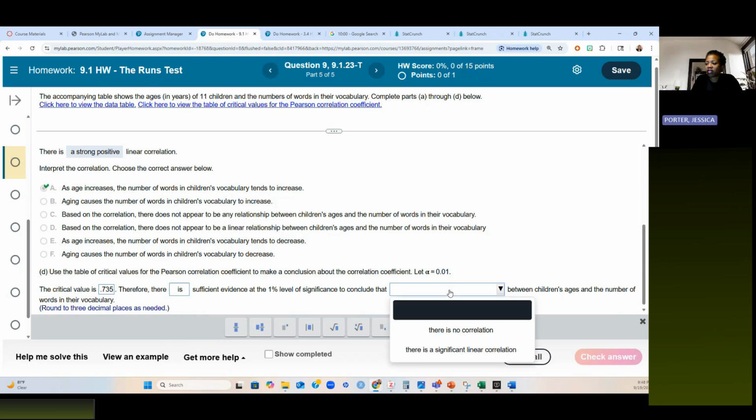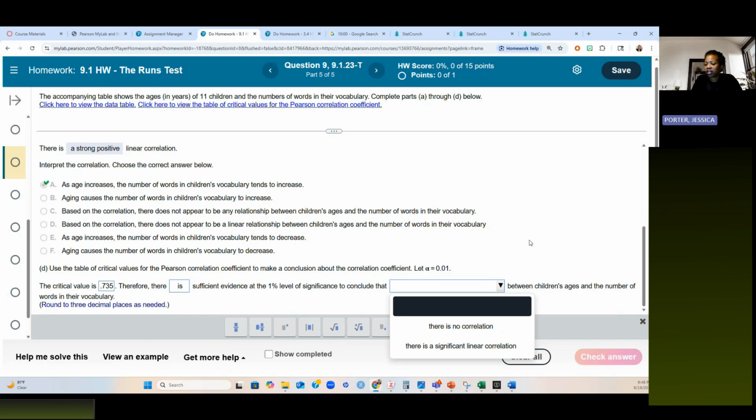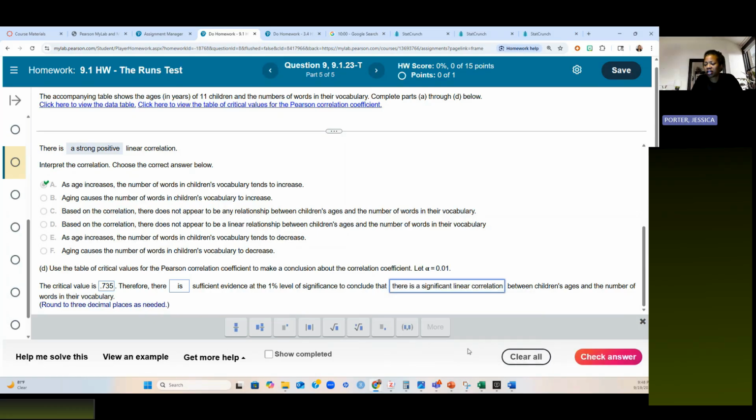There is sufficient evidence. Wouldn't say there's no correlation. There is sufficient evidence at the 1% level to conclude that there is a significant linear correlation between children's ages and the number of words in their vocabulary.